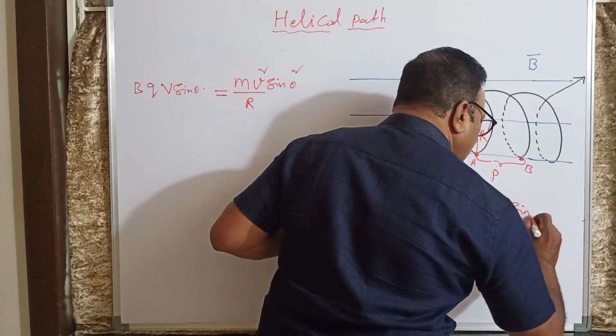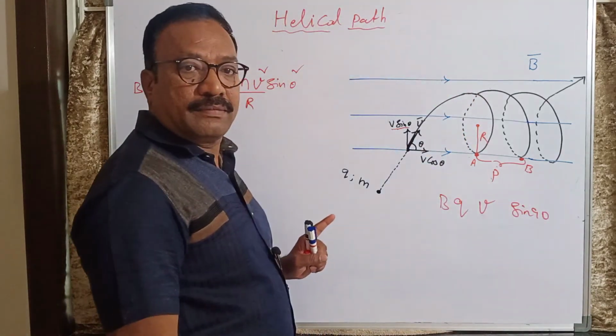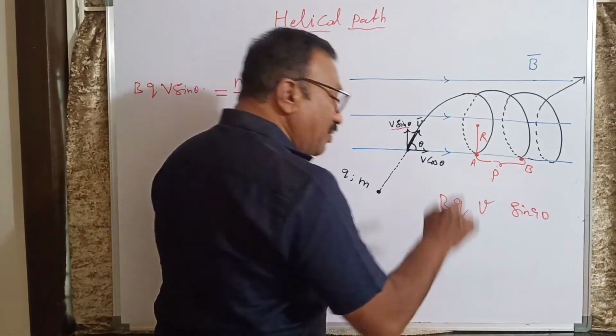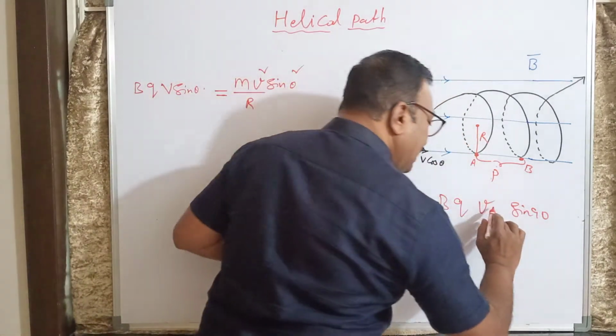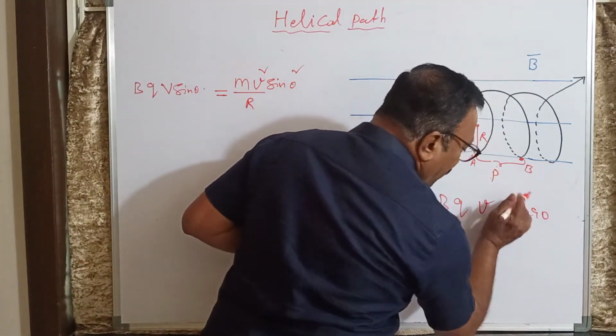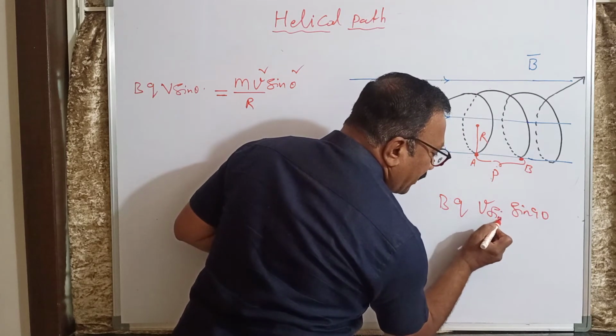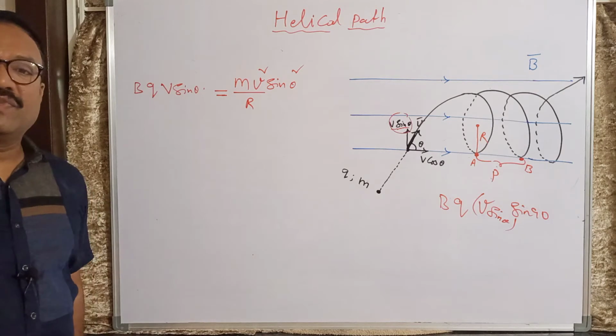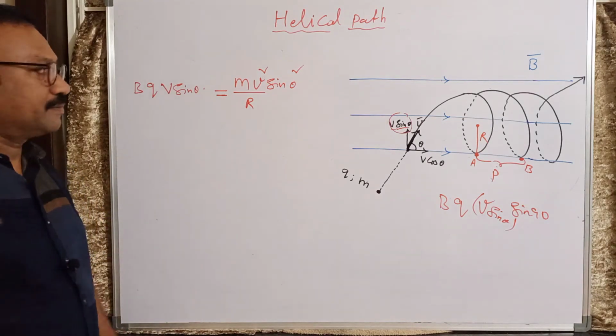The force acting is BQV sin 90. But what V do we have to take? V sin theta. So V must be written as V sin theta into sin 90. Sin 90 is 1.